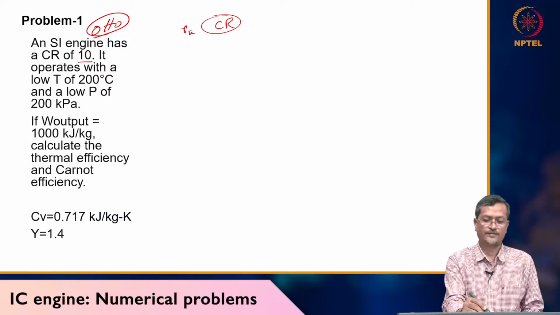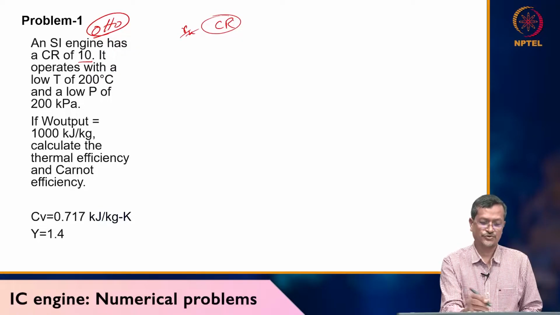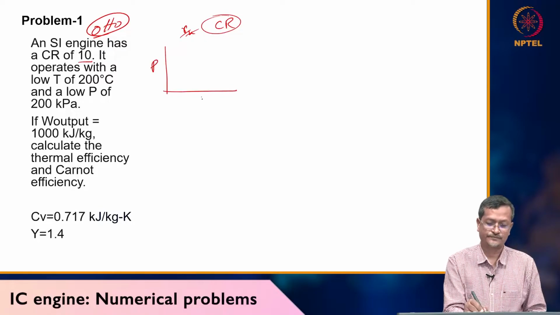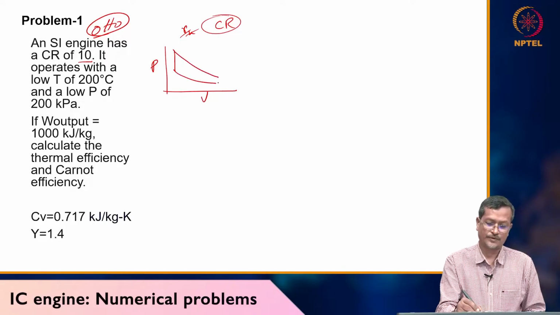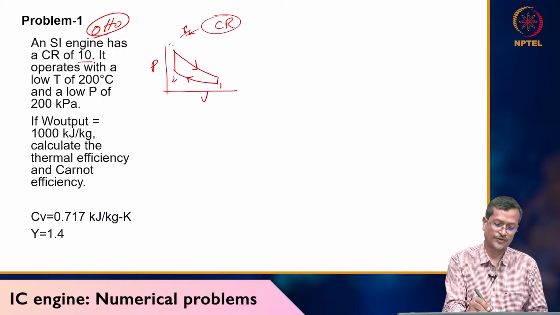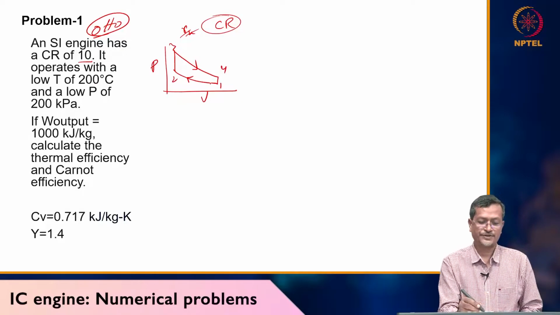In this problem I have used the term CR, meaning a compression ratio of 10. It operates with a low temperature, so first I have to draw my PV diagram. Draw the PV diagram. This is a curved line, this is a curved line. 1, 2, 3, 4.